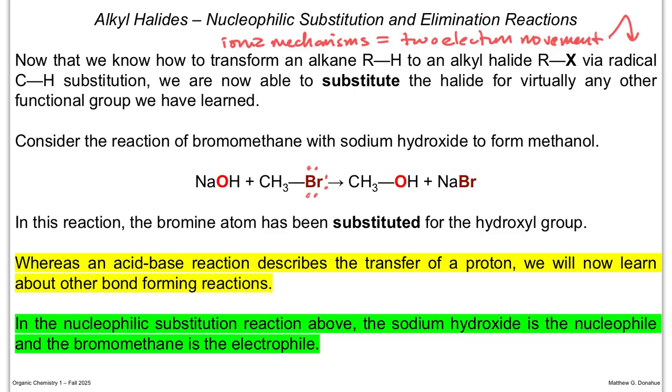If we put in the lone pairs there, bromine has 3, so we can say that bromine's delta minus and the carbon's delta plus.